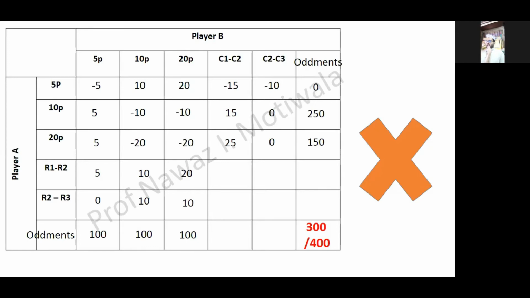But if it is not equal, they are lacking some strategies, or they are not using their strategies to the full potential. This was the concept behind it. For simple understanding, just remember that if the augments sum is not equal, you can't proceed further for the solution. That is the conclusion from this problem.